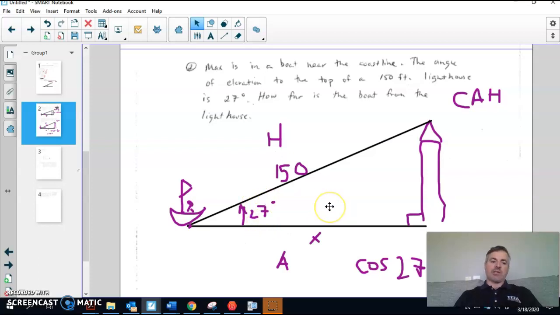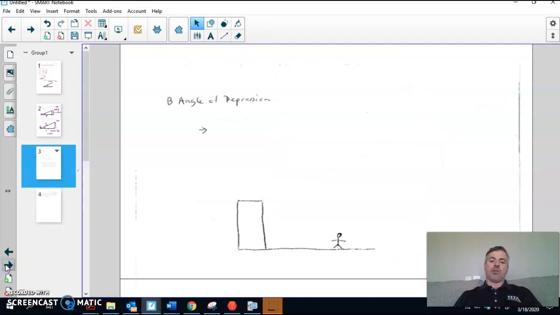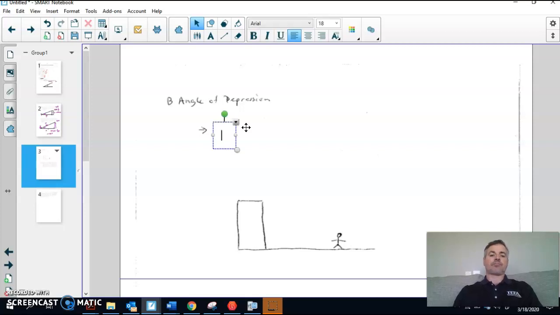So we're going to pick up with that same day of notes, basically, and I split it into two days. If you look further onto the notes, along with the angle of elevation, there's something called the angle of depression. The angle of depression is an angle made from a, just like yesterday, horizontal line.